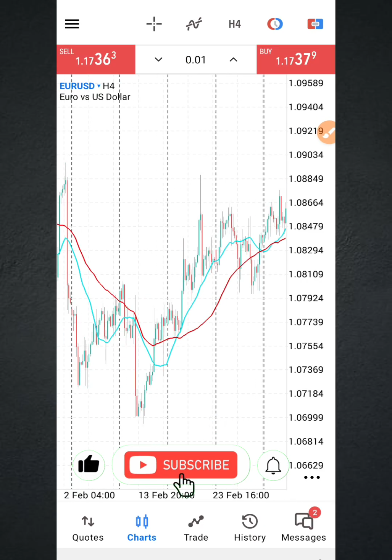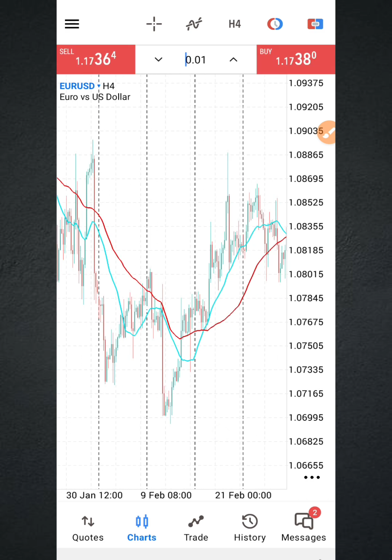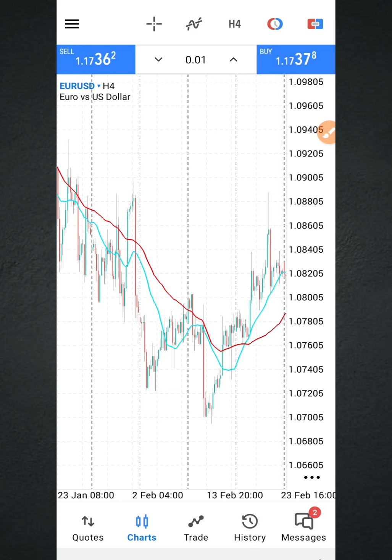Sometimes when there's a crossover, say going to the downside, the candles will start going to the upside. So some pairs do not respect these moving averages. You need to check past data to know the pairs that respect these moving averages before you consider taking a trade with moving averages.